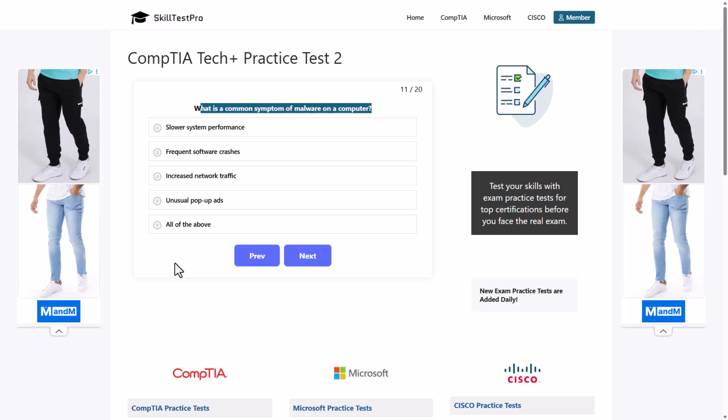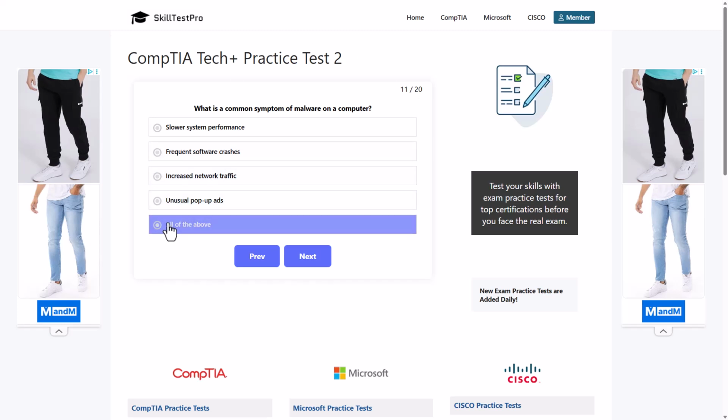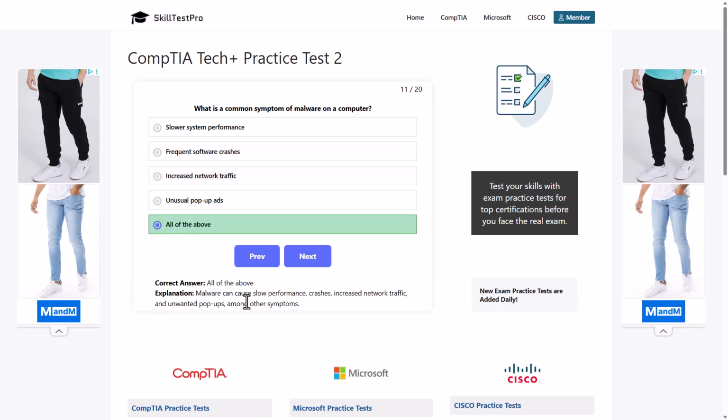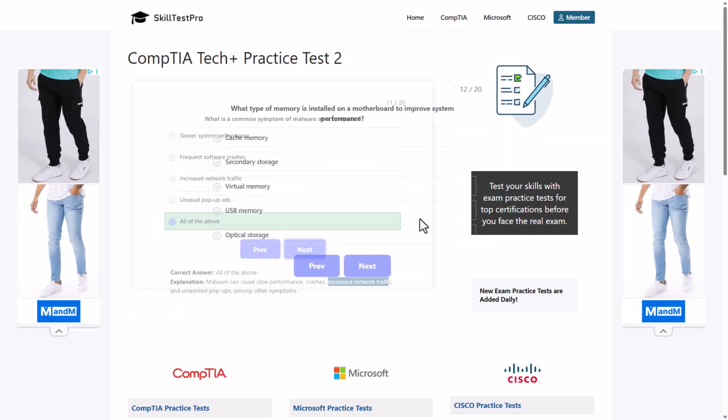Which one would be the correct answer here? And here the correct answer is all of the above, as malware can cause slow performance, it can cause crashes, increased network traffic, and unwanted pop-ups, among other symptoms.